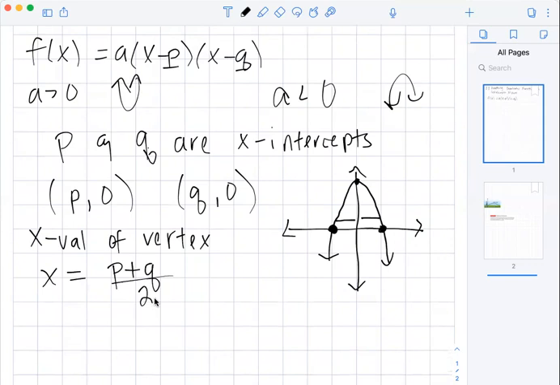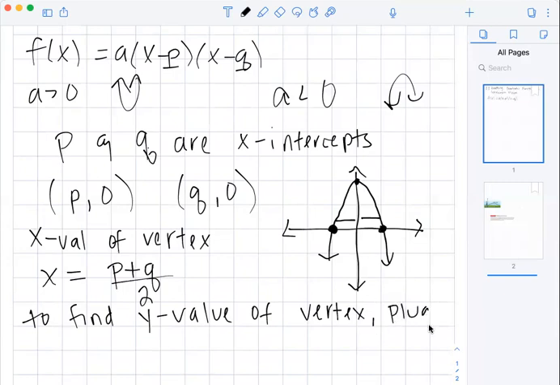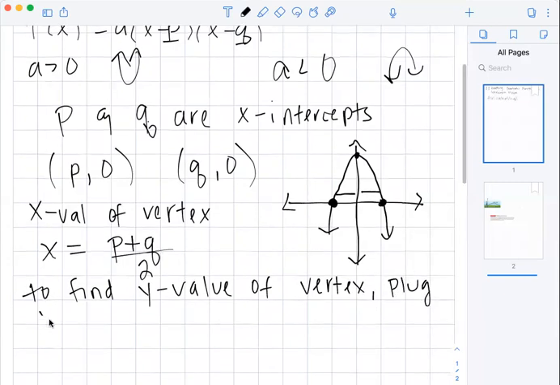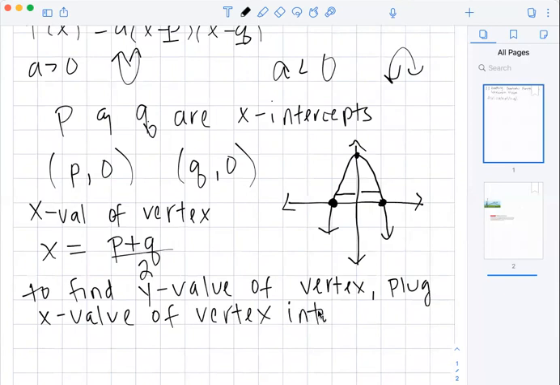It's essentially a midpoint formula, but what you're focusing on is the x value of the vertex, because when you find the x value of the vertex, you can plug in and solve for y. So to find the y value of the vertex, plug the x value of the vertex into the function.